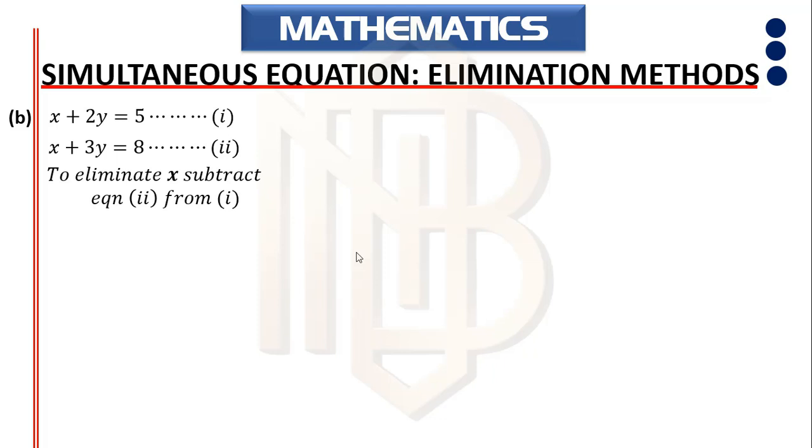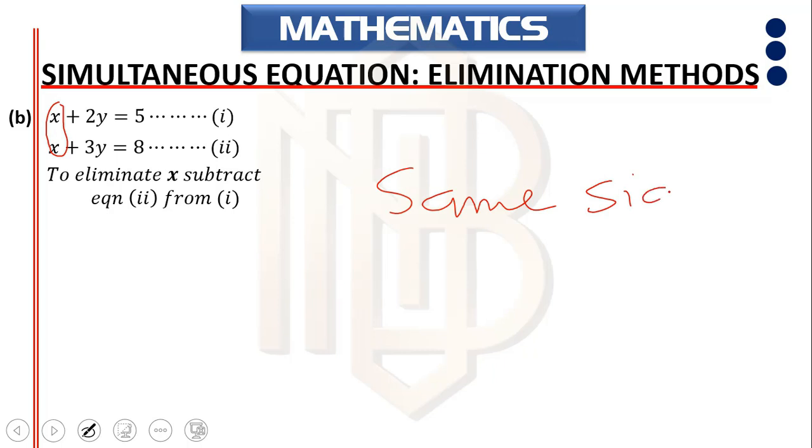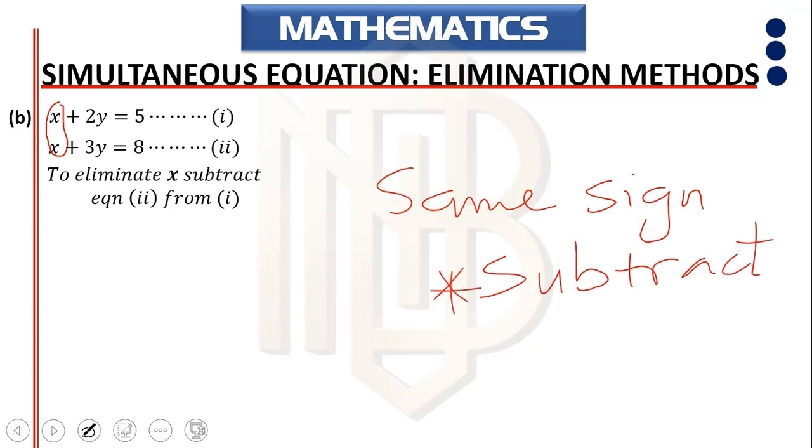Like we have earlier said, for us to subtract, we take a look at the value that we are eliminating, which is x in this case, and the coefficients 1 and 1 are both having the same sign. So same sign will mean what? We subtract. Very important.